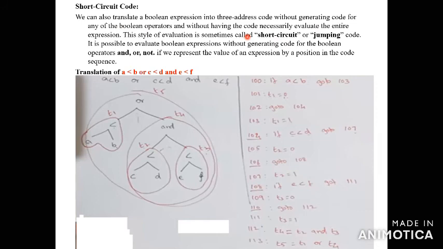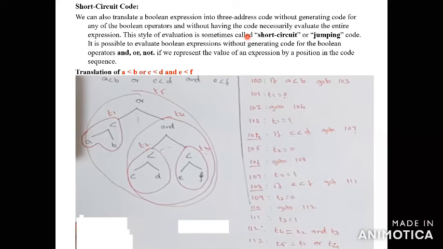So what does short circuit or jumping code mean? You have to represent it according to the format. This type of evaluation is called short circuit or jumping code.